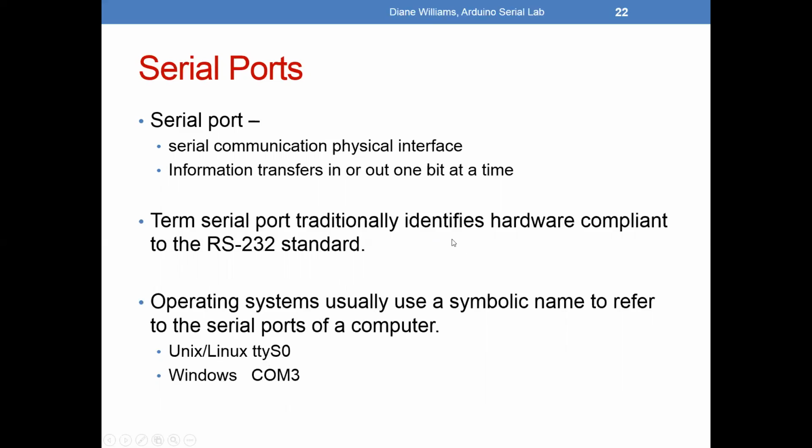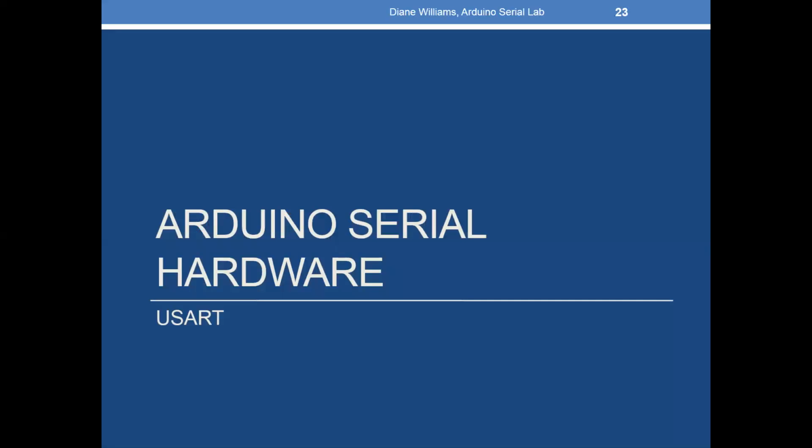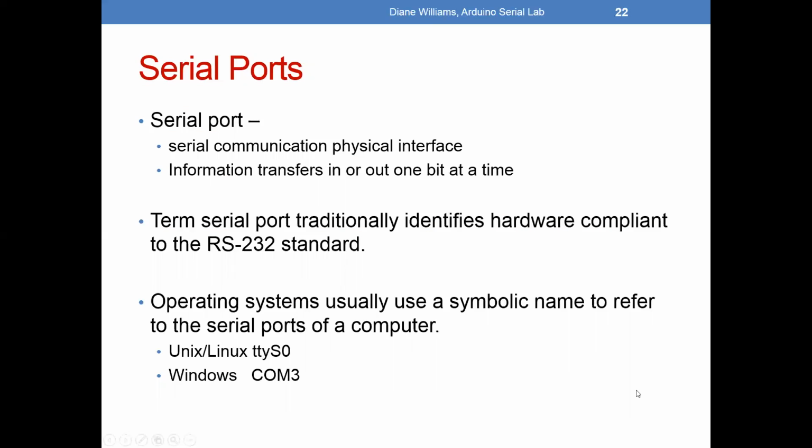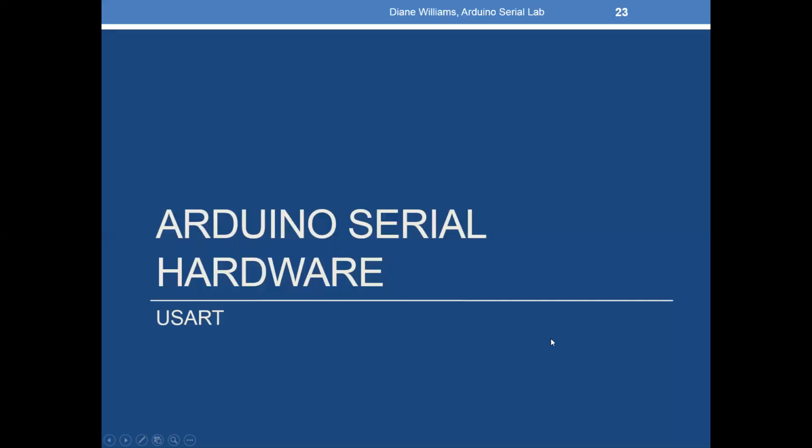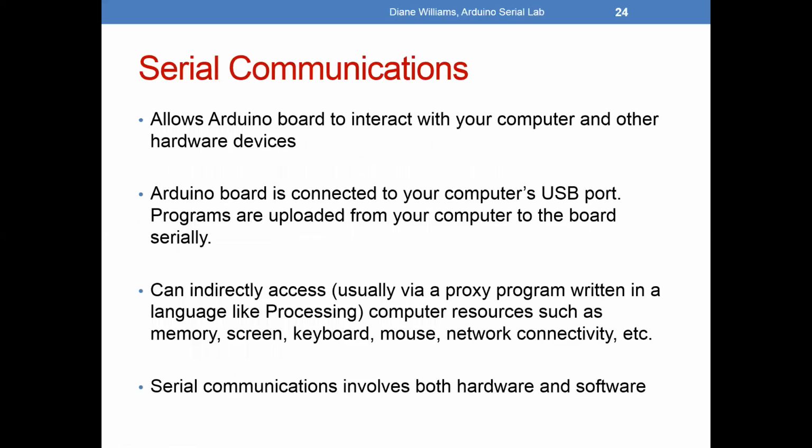The term serial port traditionally identifies hardware that's compliant to the RS-232 standard, but you'll often hear the term serial port as well. We're more concerned about their symbolic names when we need to connect to them via software.